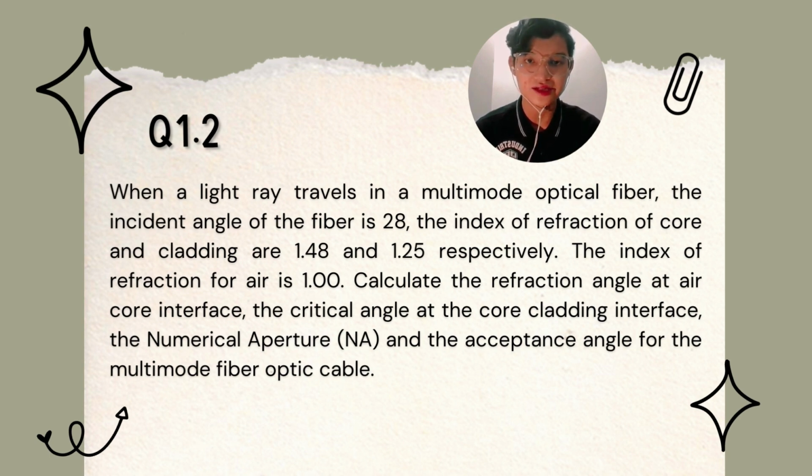Lastly, the index of refraction for air is 1.00. So the question wants us to calculate the refraction angle at the air core interface, the critical angle at the core cladding interface, the numerical aperture, and lastly the acceptance angle for the multi-mode fiber optic cable.